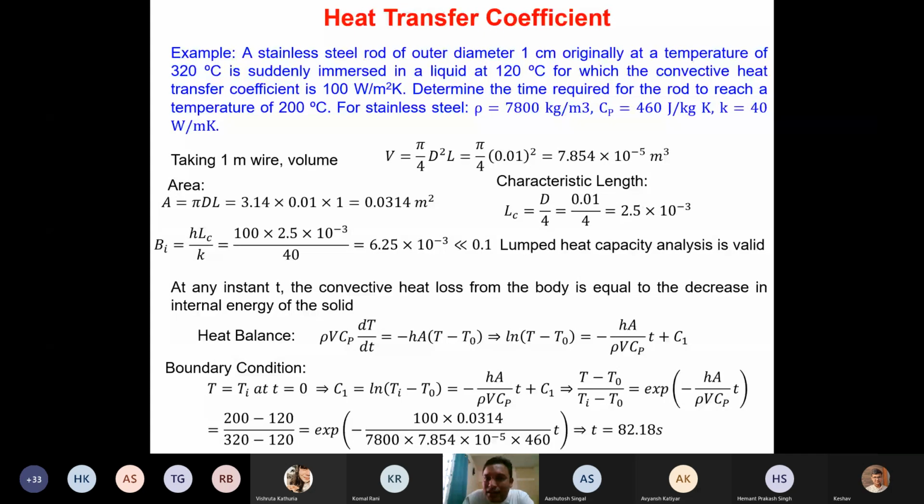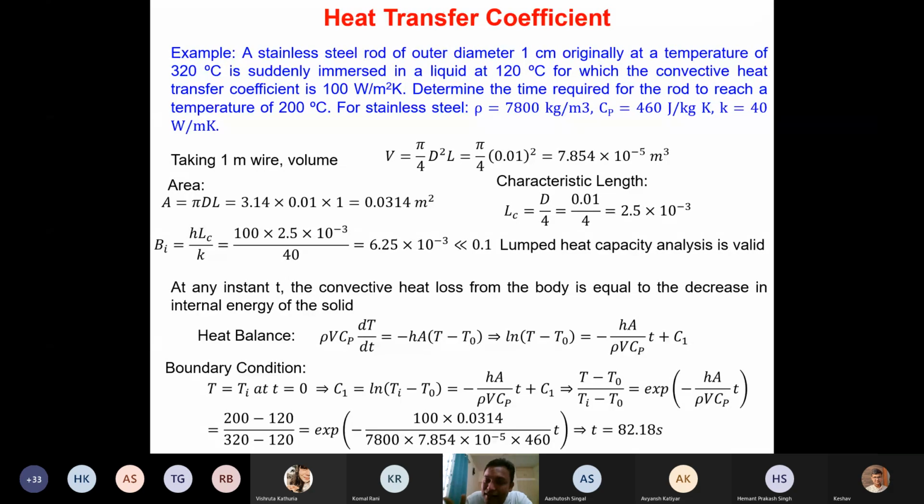whenever we are looking at the rate of heat transfer from a solid wall, isn't it? From a solid wall, in that case, we are looking at the heat transfer only in that direction, from length equals 0 to length equals L. It is only taking place in one direction.